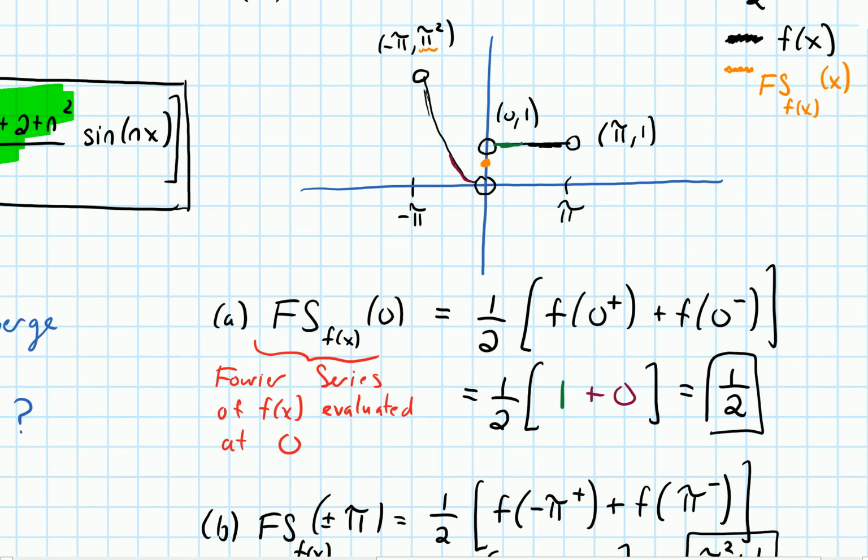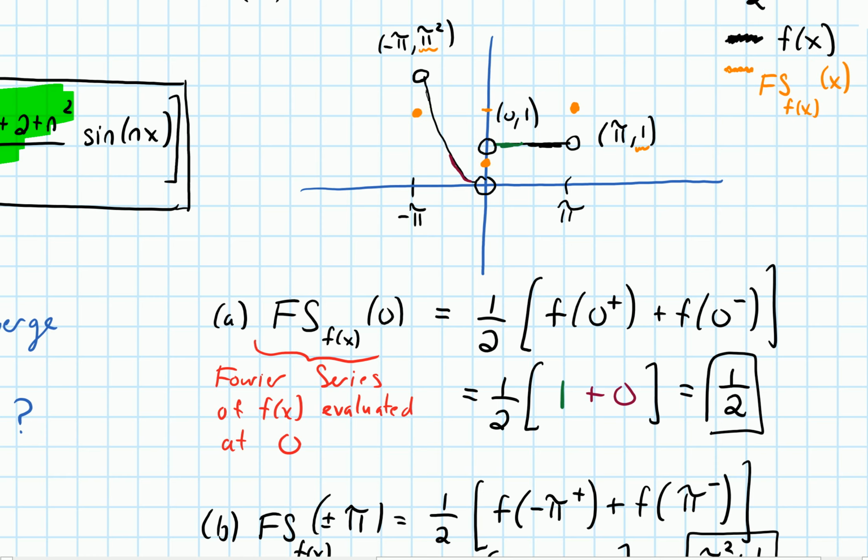So let's underline its y value, which was 1. The average of those is pi squared plus 1 over 2, which seems to be maybe somewhere here-ish. If we draw those at each of the endpoints, our Fourier series at pi is going to converge here. And at negative pi as well, it's also going to converge to that same y value.